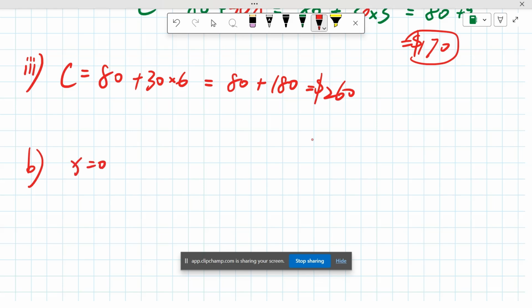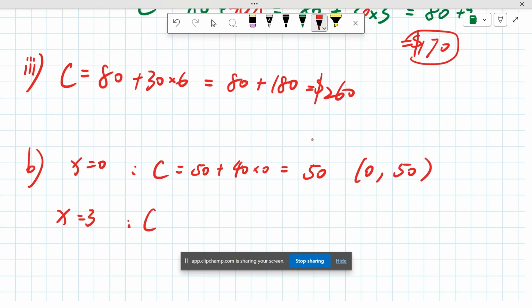When x equal to 0, C equal to 50 plus 40 times 0 equal to 50. That's your starting point, which is (0, 50). When x equal to 3, C equal to 80 plus 30 times 3, which equals 170.